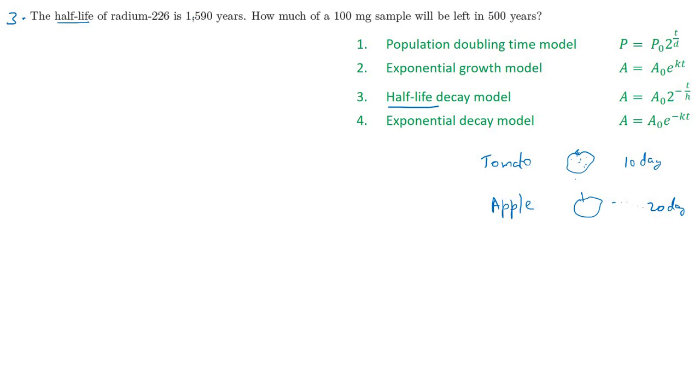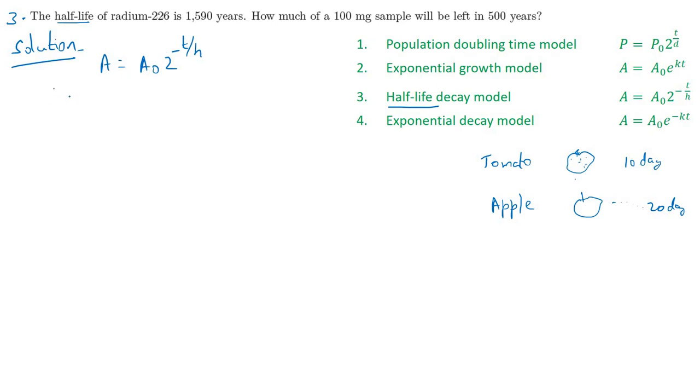After 1590 years it will become 50. But in 500 years, how much will be left? That is the question. Okay, so solution. Since you have identified half-life radium, first write the rule. A is equal to A naught 2 power minus T by H.